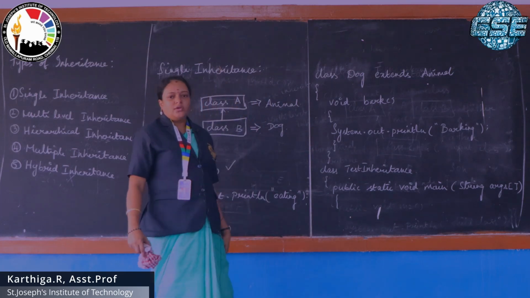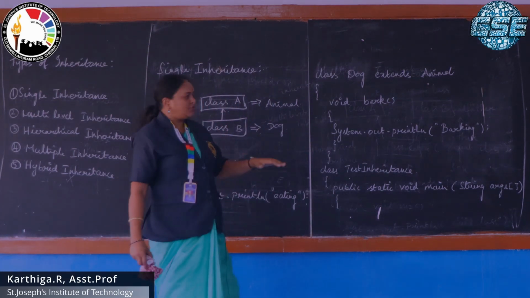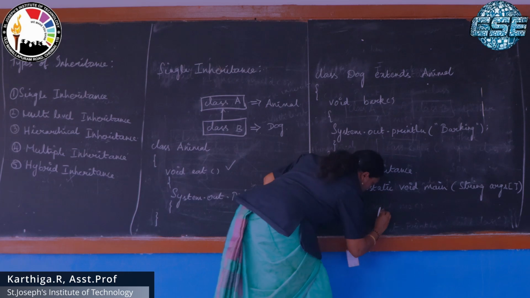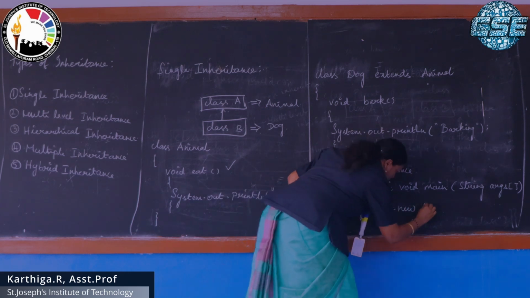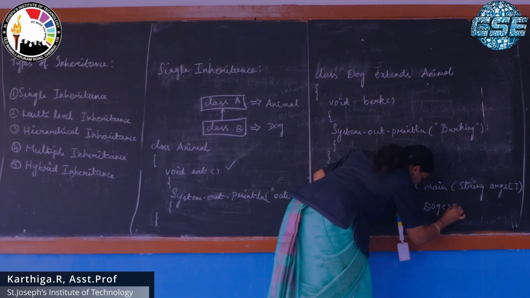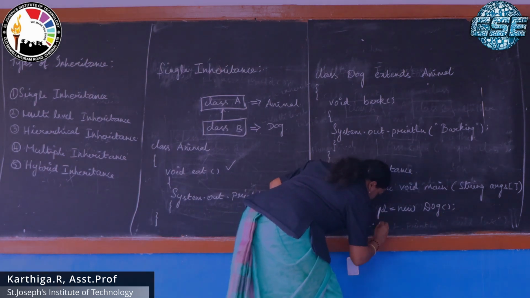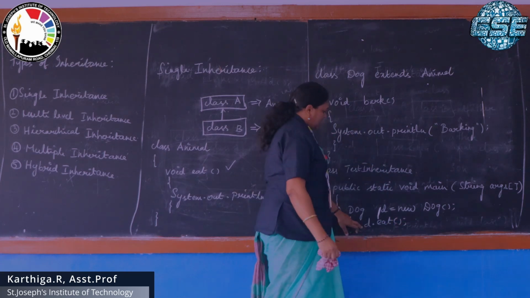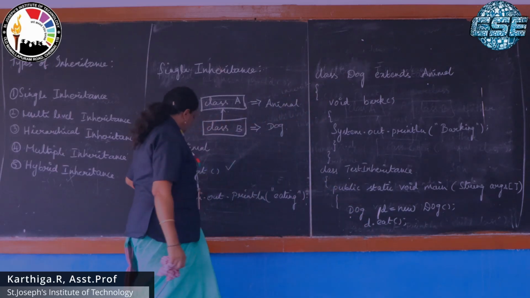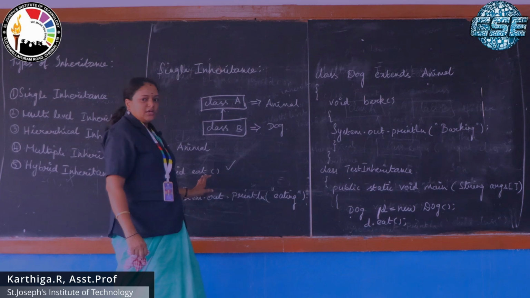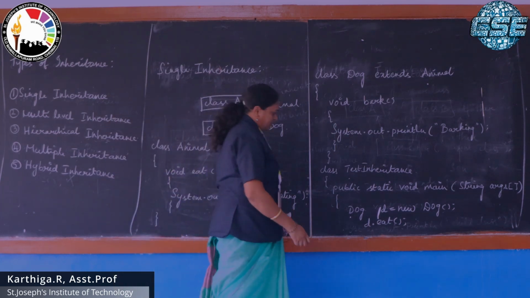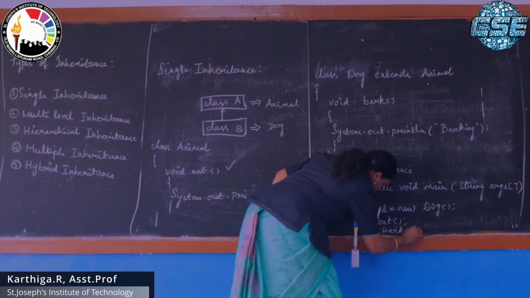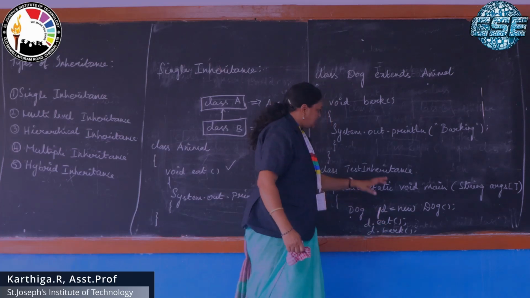So here, as we saw in the earlier example, we have to create object for child class. Okay. So d dot eat, like already I said, we can access the methods present in the superclass. Okay. Next, d dot bark. So it is present in the child class.